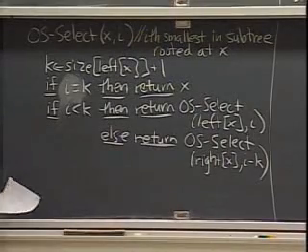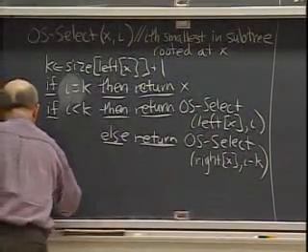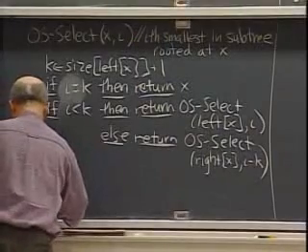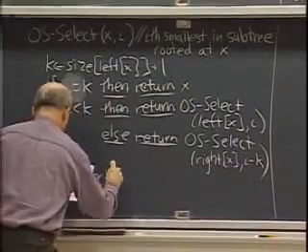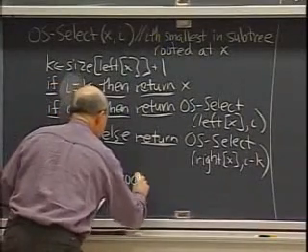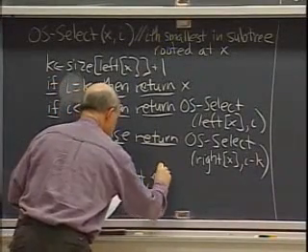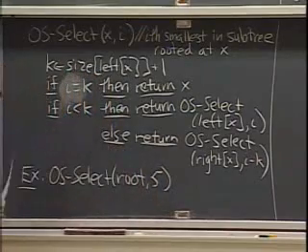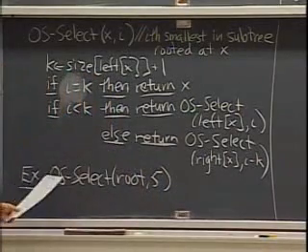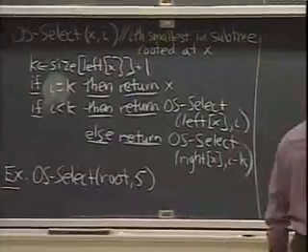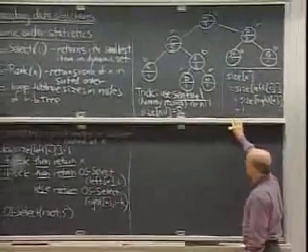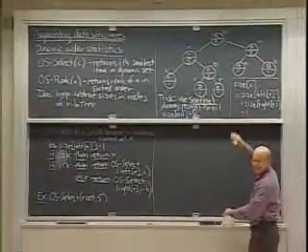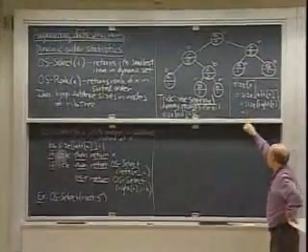As an example, let's do OS-Select of the root and 5. So we want to find the fifth largest in the set. Okay, so we start out at the top.